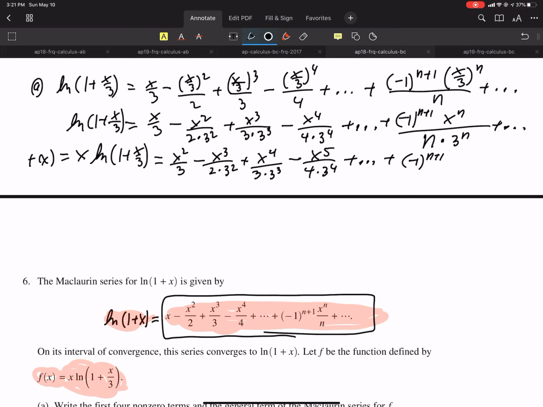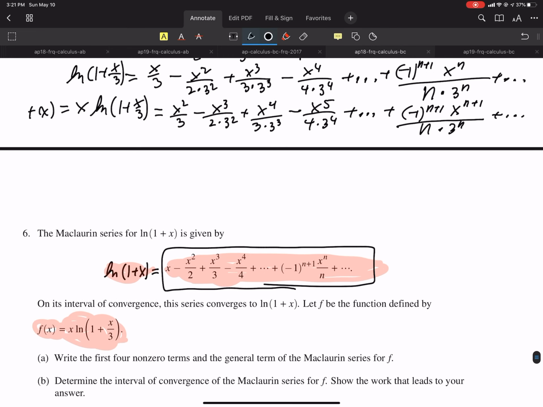Since I'm only multiplying by x, I get an extra x, so I do plus 1, over n times 3 to the n, plus dot, dot, dot. That should be it. Let me double check with what they got. 2, 3 squared, 3, 3 squared, 5, 4, and the general term, n plus 1. Okay, looking beautiful. So that is part A.